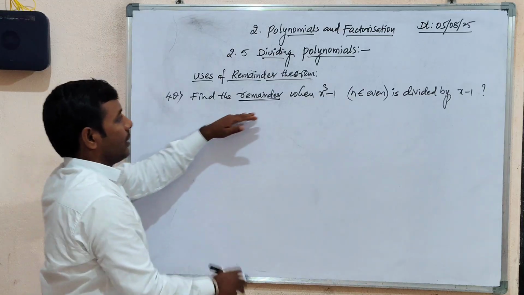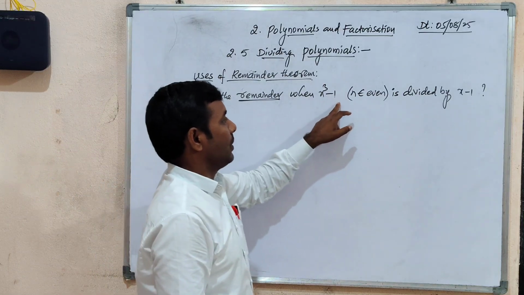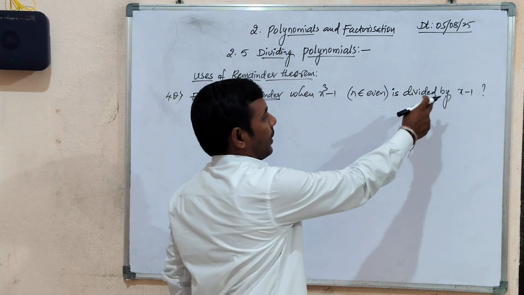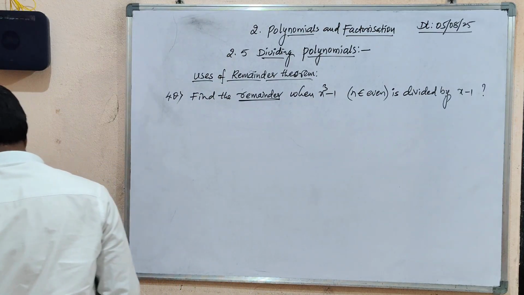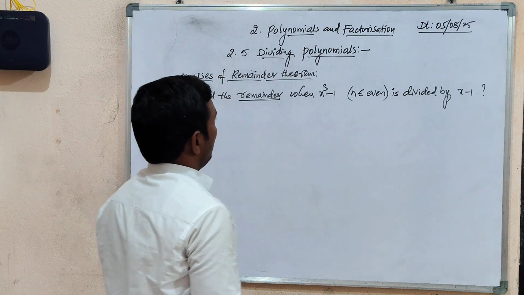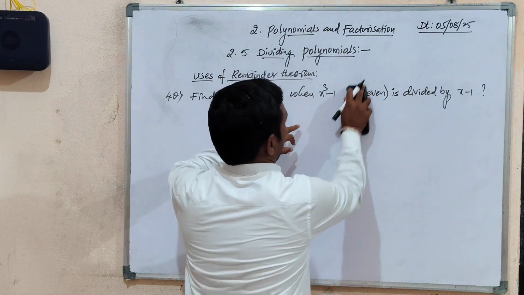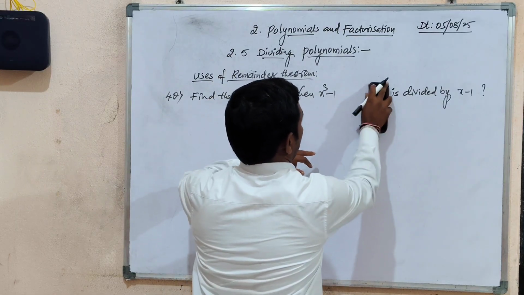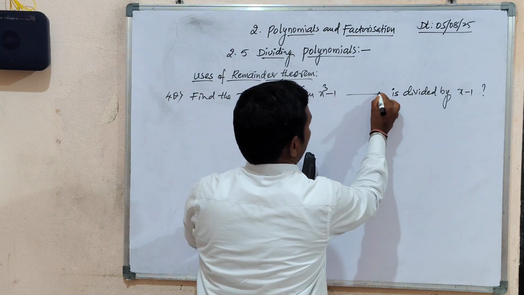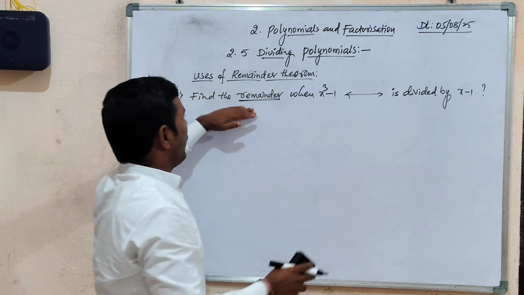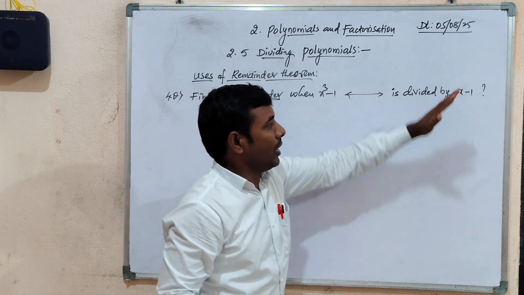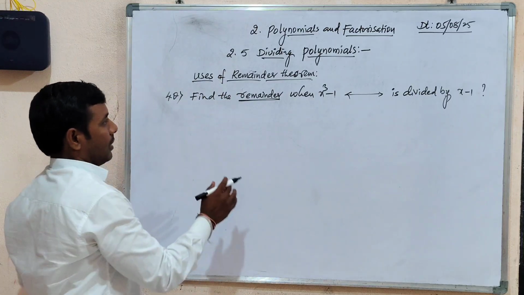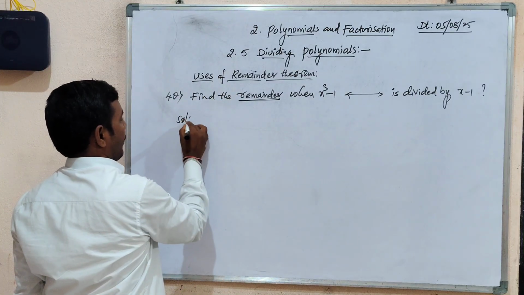Same model. Find the remainder when x to the power 3 minus 1 is divided by x minus 1. But here there is no condition. Now the answer.